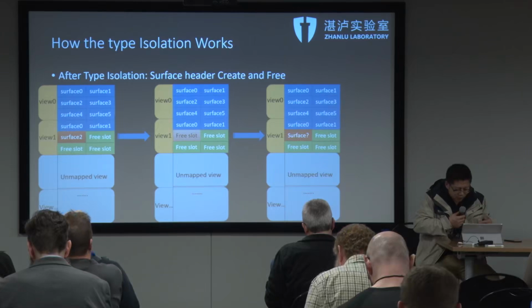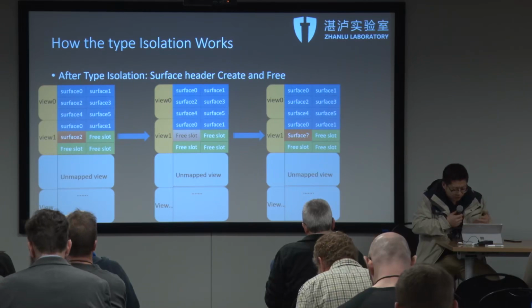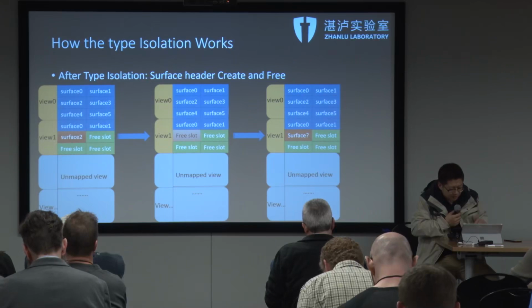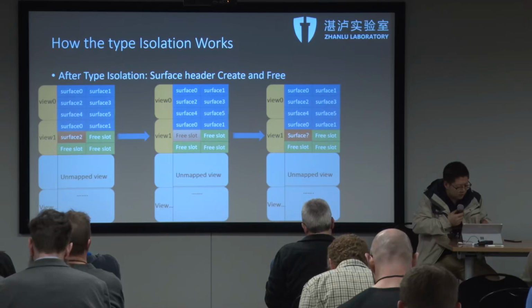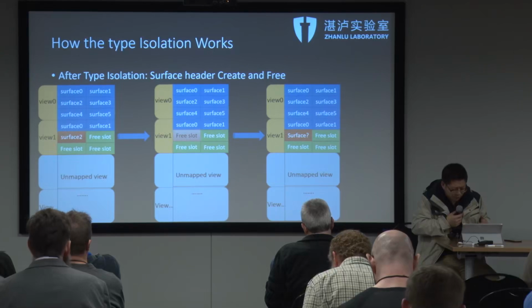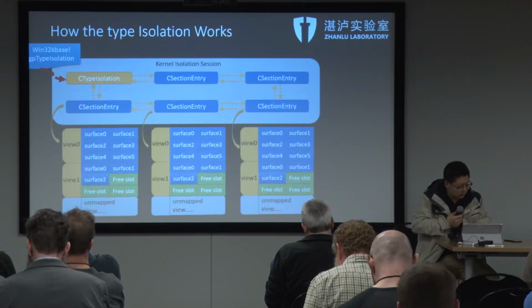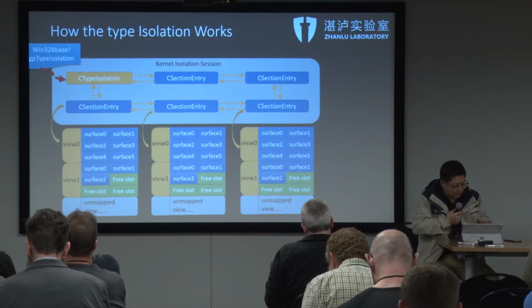As you can see, if you free the surface object, it will leave a free slot on the view. The free slot will be filled by the next surface object. So the use after free can't be exploited this way. This is the detail about the isolation.